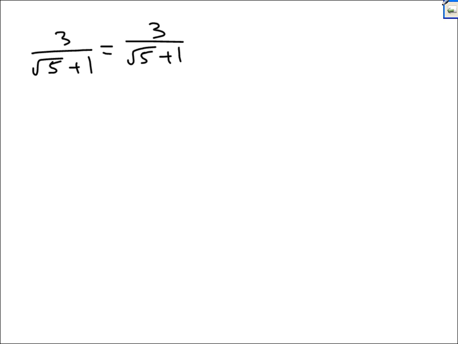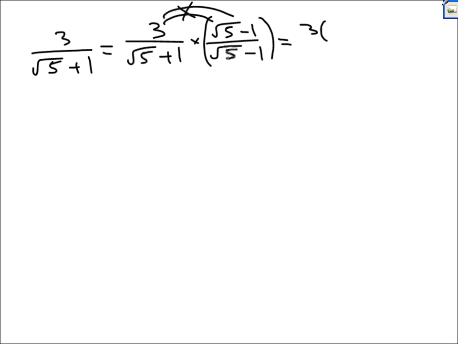I don't want a radical in the bottom. So I'm going to multiply by 1. Use the conjugate. If the bottom is square root of 5 minus 1, the top has to be the same way. Now whatever you do, do not distribute.